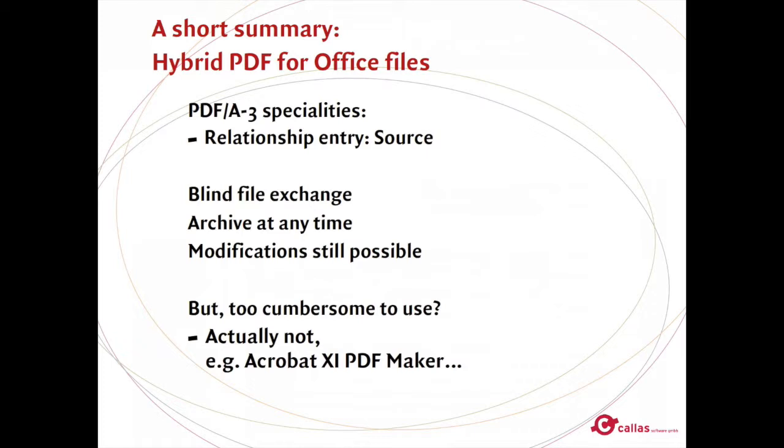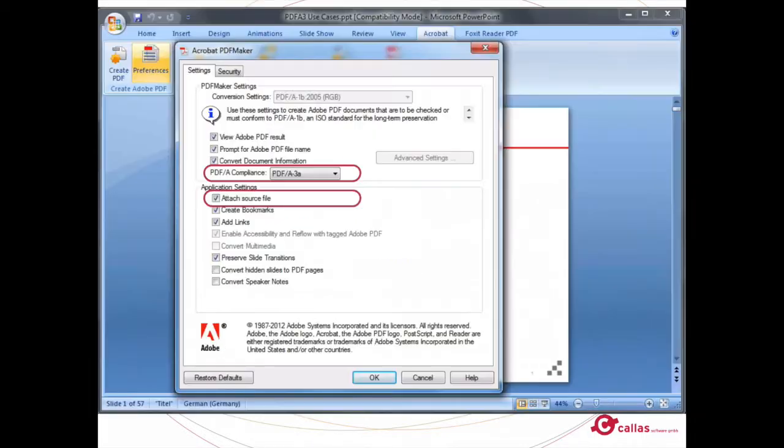But isn't that cumbersome? I have my Word file, now I create a PDF file, then I take the Word file and embed it into the PDF file. That doesn't seem to be something I want to do on a daily basis. But there are tools around, for instance the current Acrobat PDF Maker from Adobe. In the preference settings, it allows you to say that you want to create a file that is compliant with PDF-A and attach the source file.